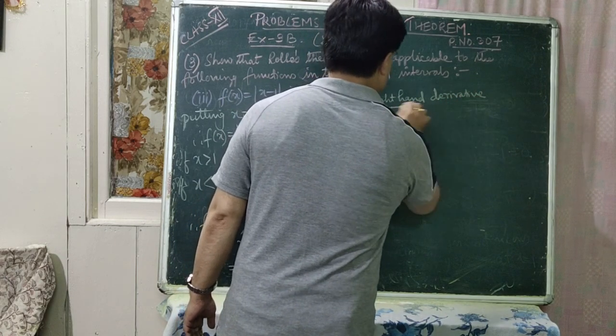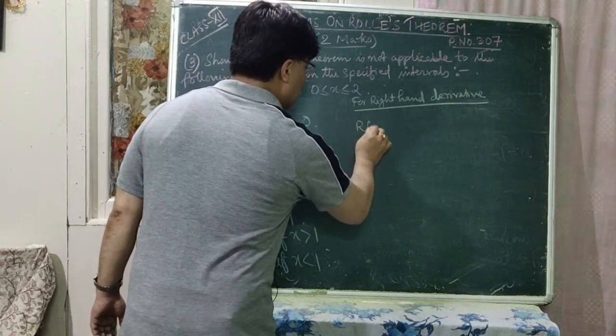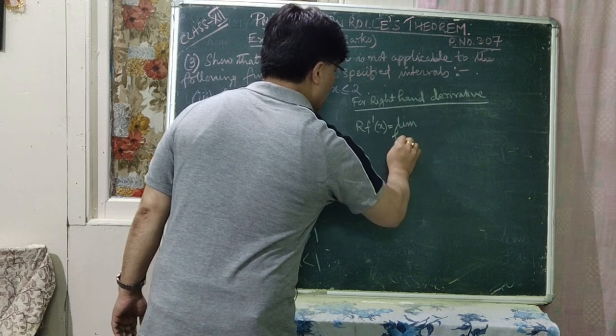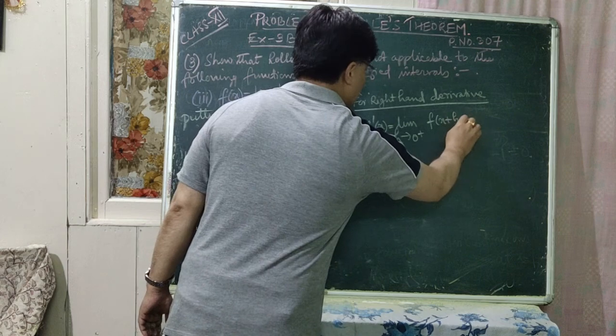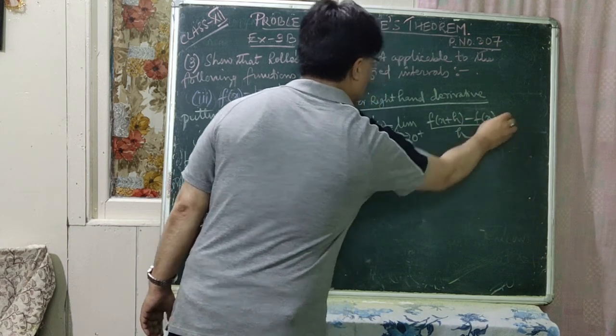Okay? So for right hand derivative, what is the definition of right hand derivative? Capital R f dash of x is equal to limit h tends to 0 plus f of x plus h minus f of x, this whole divided by h.